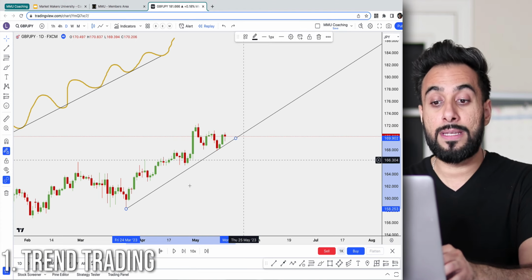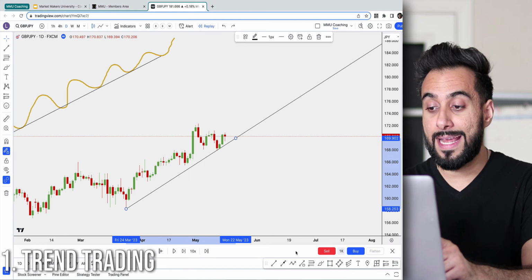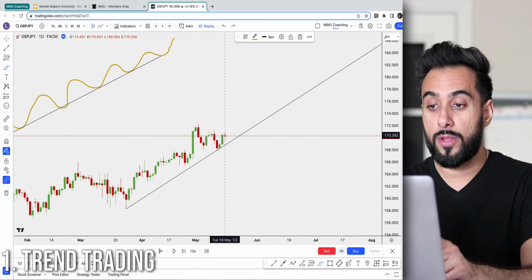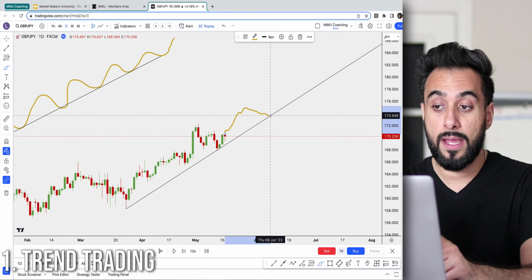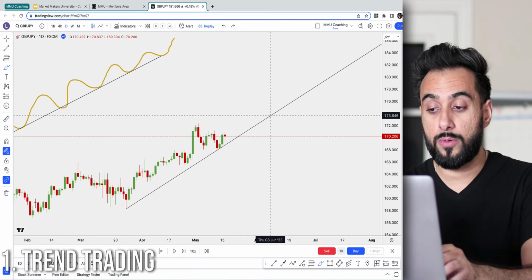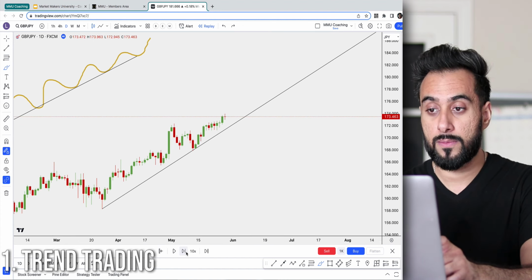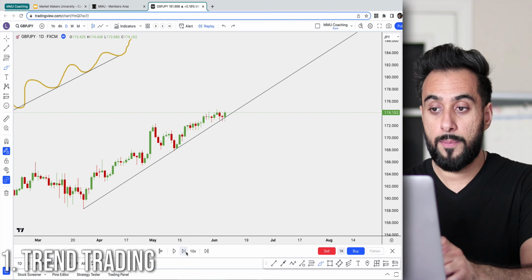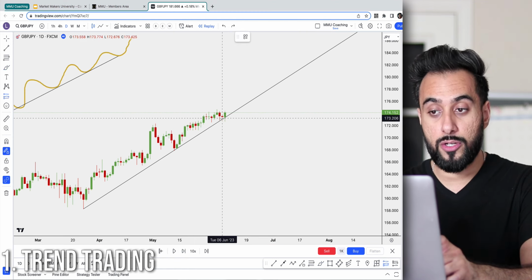So now that we have our 2 points, we're looking for the next opportunity where the price might react and touch this trend line again. And when it does, that is when we're going to enter our buy position. So let's go ahead and play this out. Price approached the trend line. Now is a point where we would enter the trade.